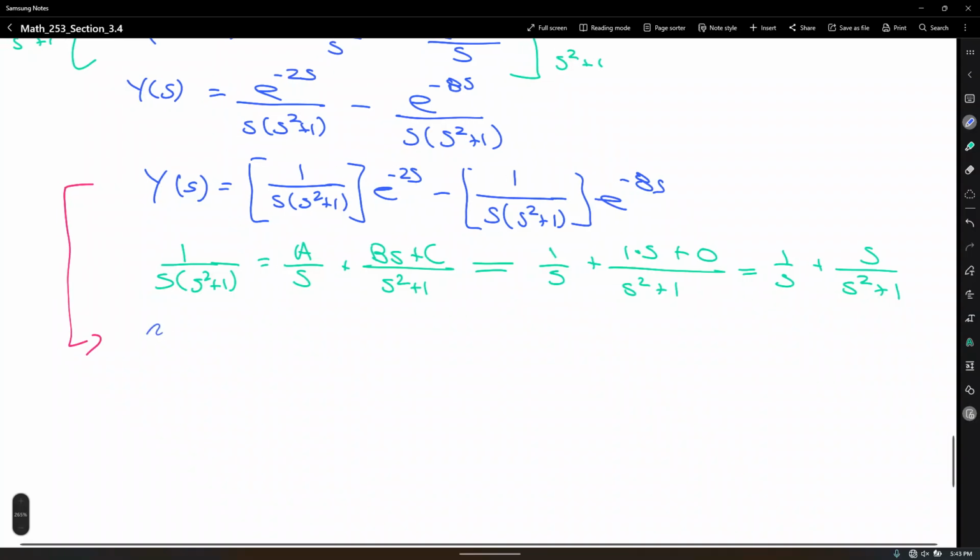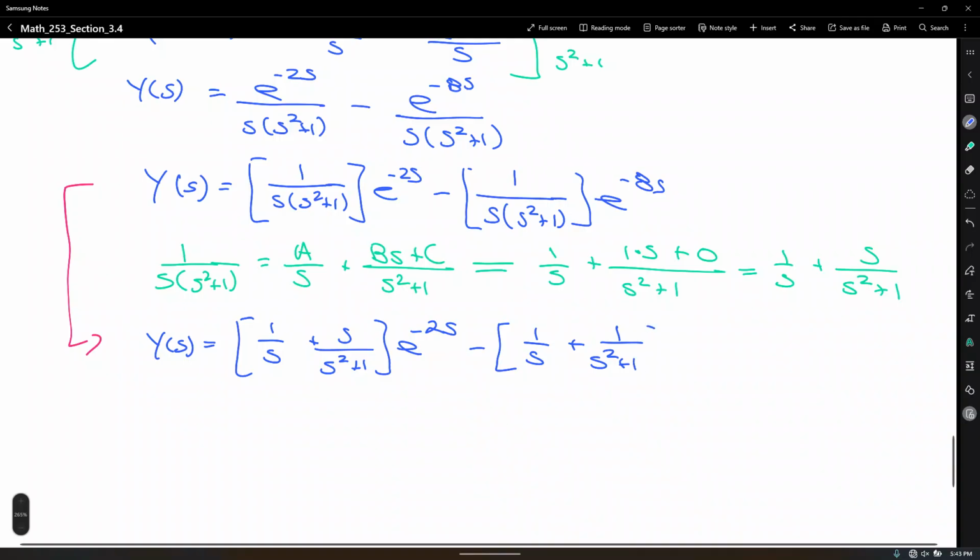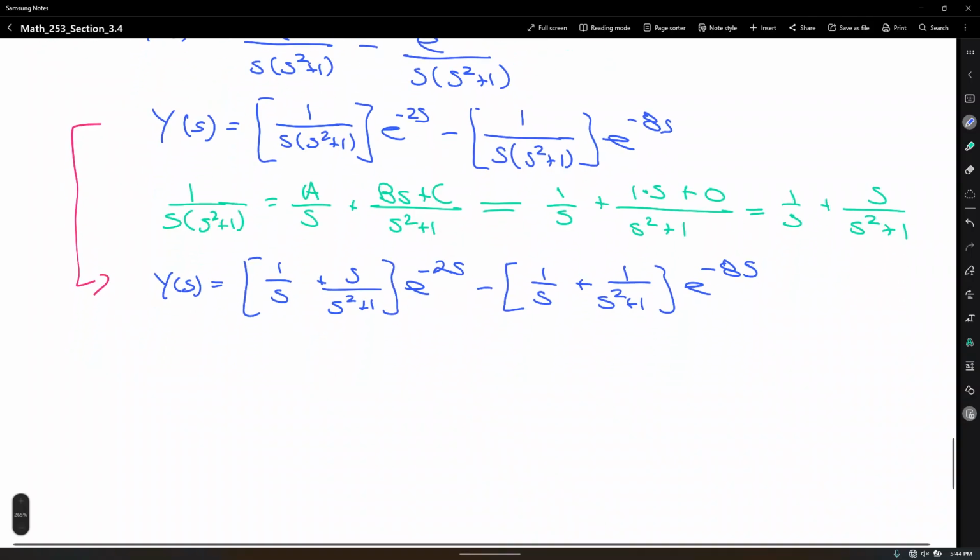Y of s equals 1 over s minus s over s squared plus 1, times e to the negative 2s, minus 1 over s minus s over s squared plus 1, but this time e to the negative 8s, not x, s. Well, what's the inverse transform of 1 over s? Isn't that just 1?